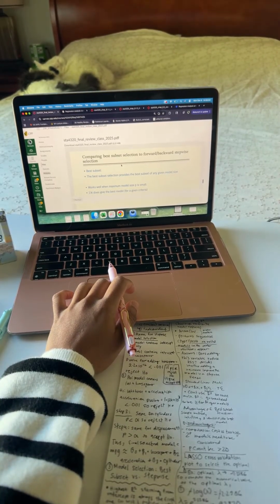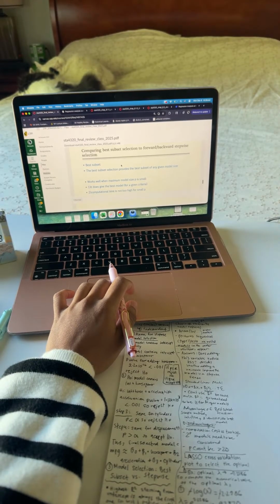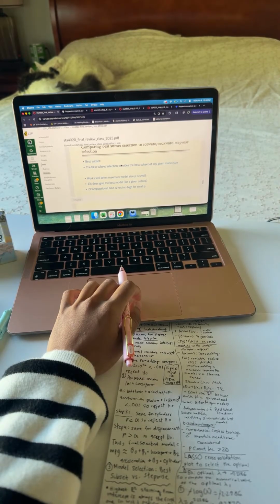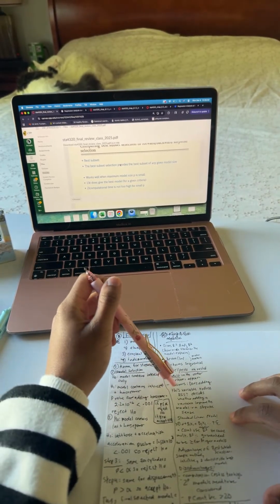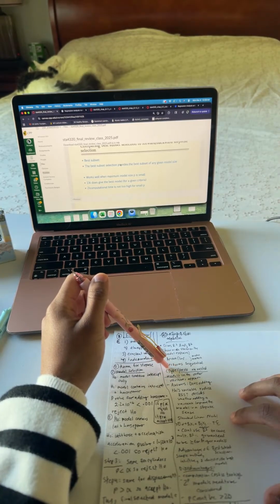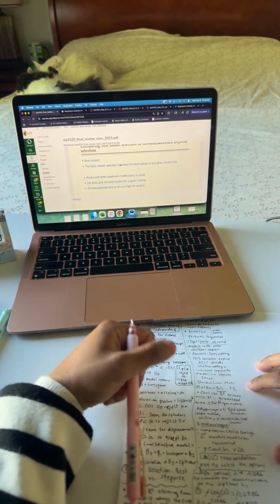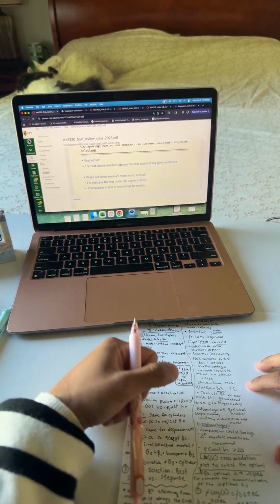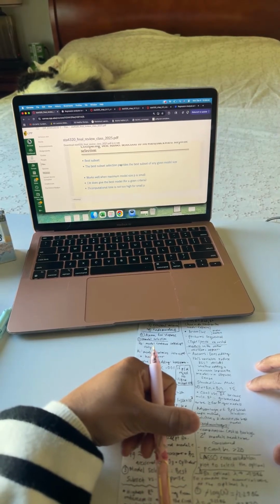Comparing best subset selection to forward, backward, stepwise. I feel like I wrote that somewhere, but it's a little hard to read from here. So over here we have stepwise selection: start with intercept, faster, and gives a good model.